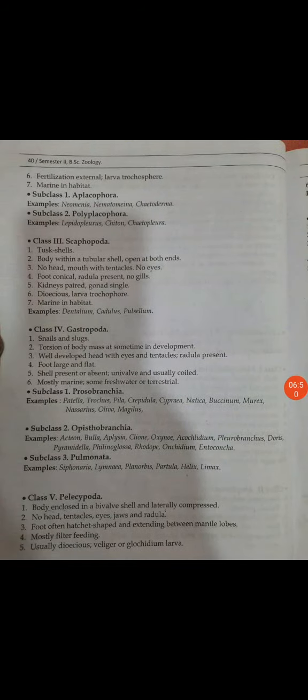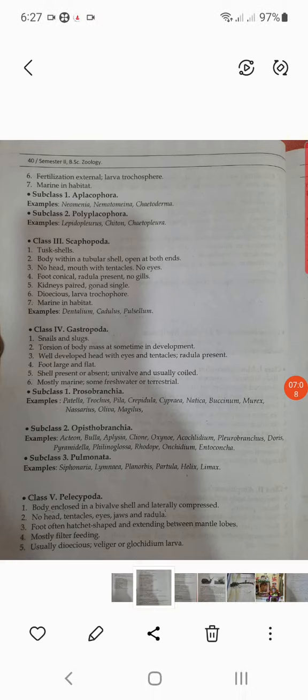Then the third one is Scaphopoda. Scaphopoda have tusk shells, the body within a tubular shell open at both ends, and the example is Dentalium. You have observed these animals in the museum while studying the classification.